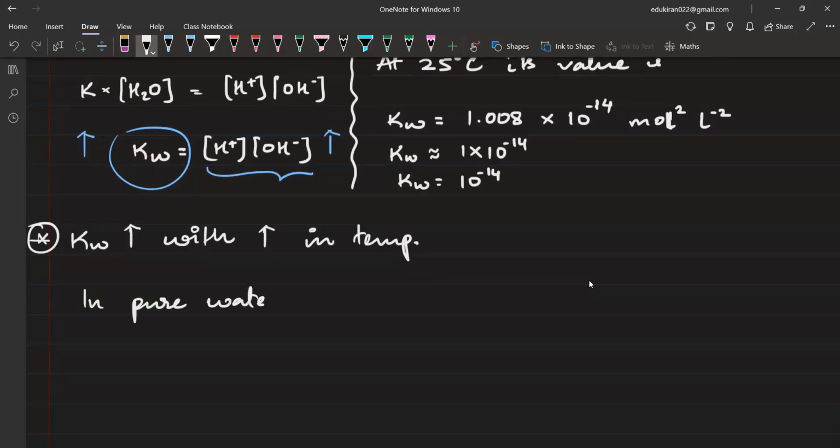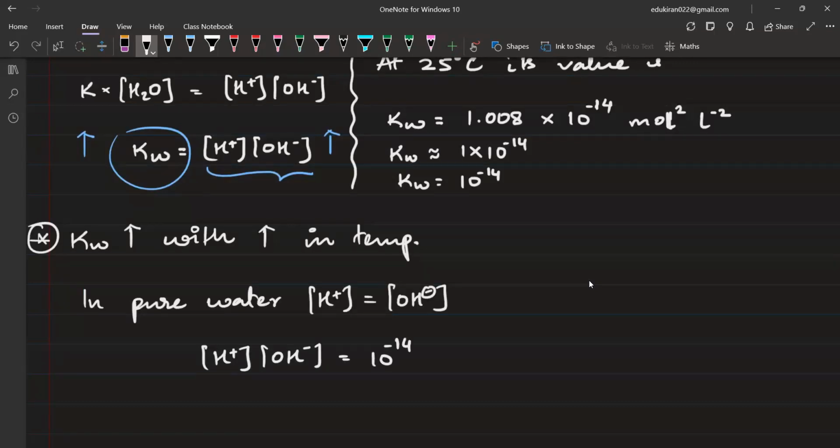In pure water, the concentration of H positive will be equal to the concentration of OH negative, because we have not added any acid or base. And since the product of the concentration of H positive and OH negative is equal to 10 to the power minus 14, because it is actually Kw, we can say that the concentration of H positive is equal to 10 to the power minus 7.